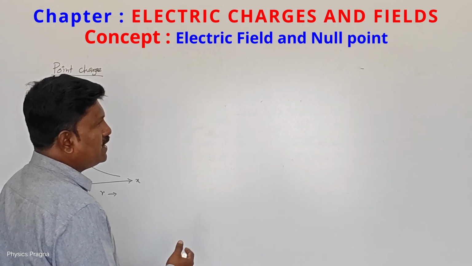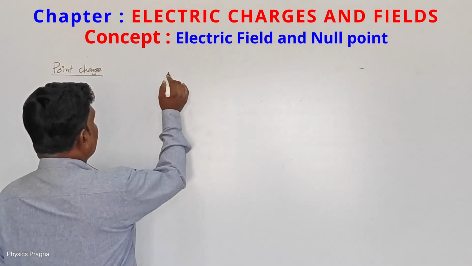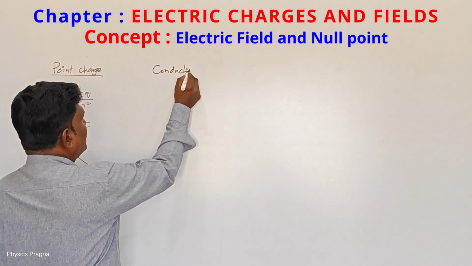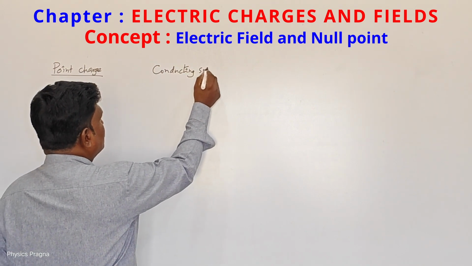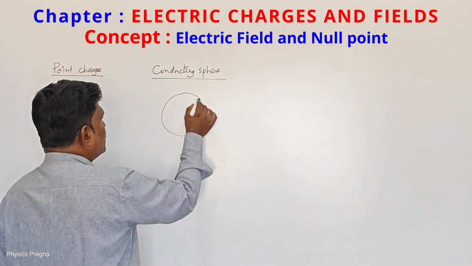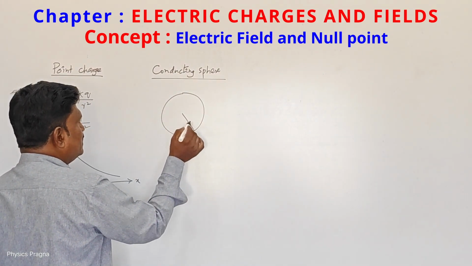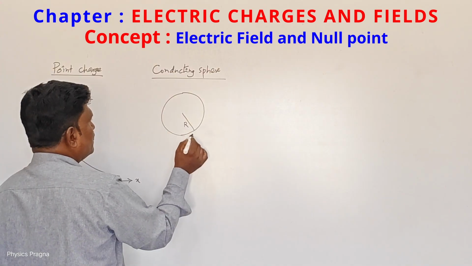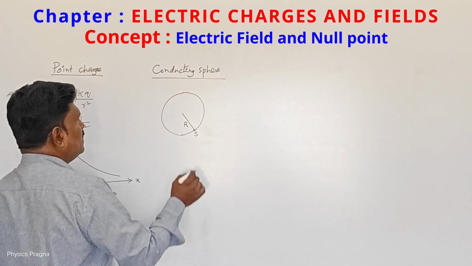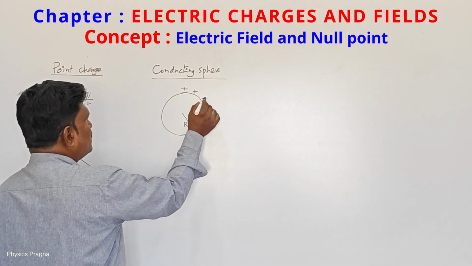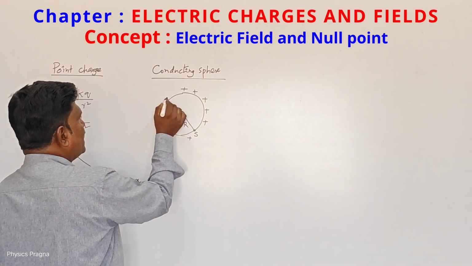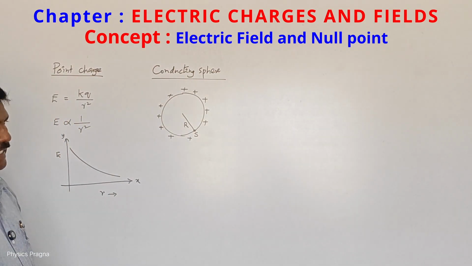What if an extended body is taken? So I have taken a conducting sphere. If I give a charge to a conducting sphere of radius r, this is a point on the surface of the body. If I give charges, because of the repulsion, all the charges always reside on the surface of a conducting sphere.